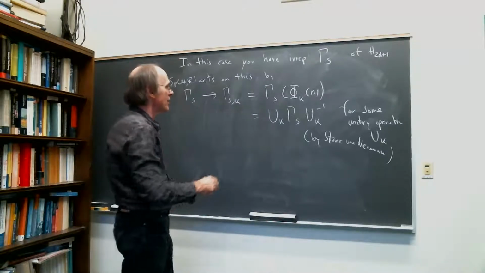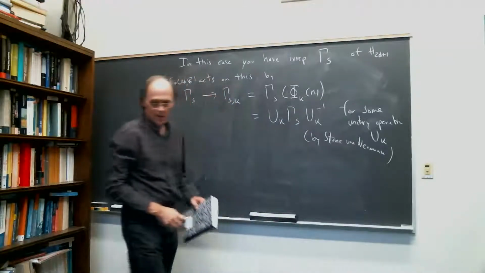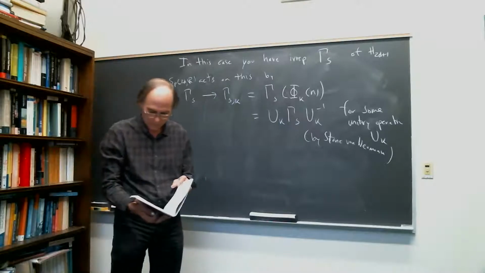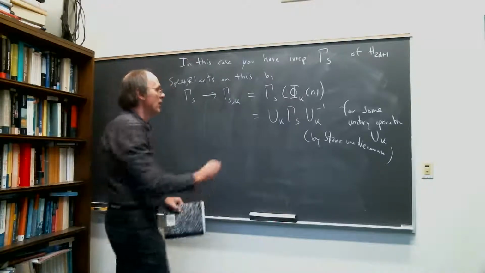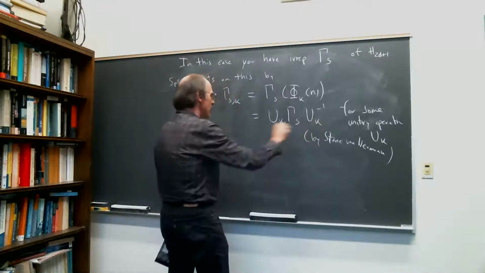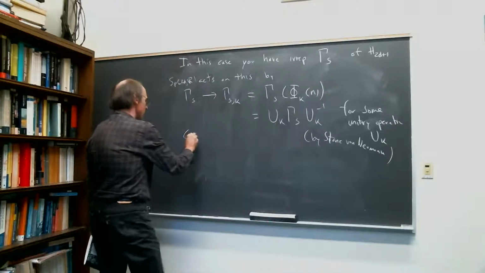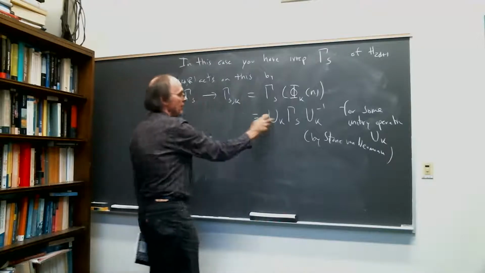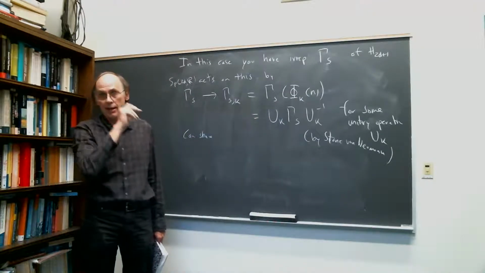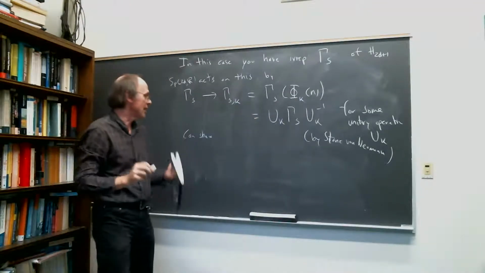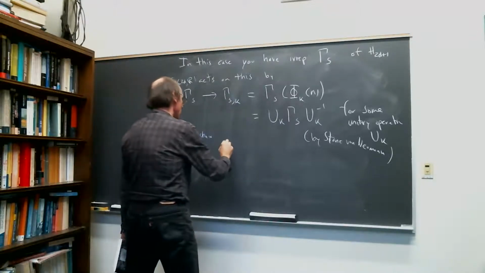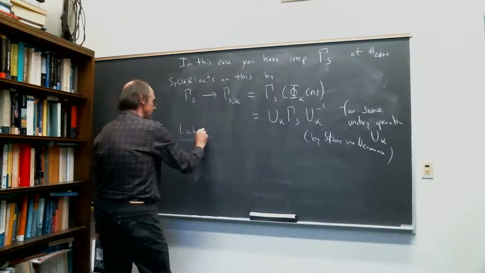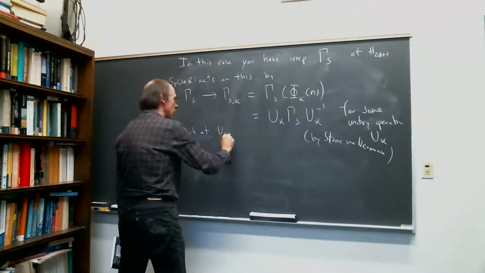But there's one interesting thing you can say about these U_k's: if this property is true for any k, then if you take two different k's, look at U_{k1 k2}.